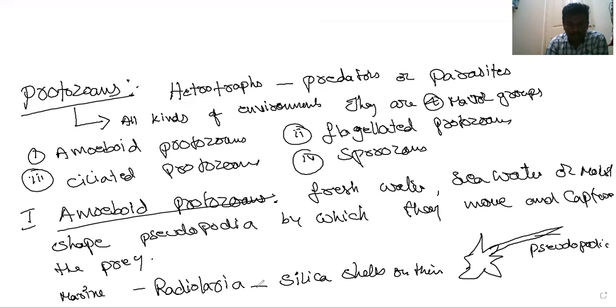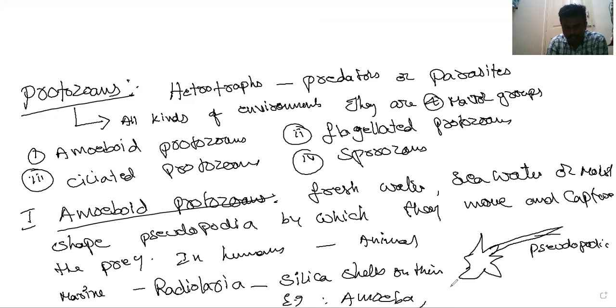Some amoeboid protozoans are parasites in humans and animals. Examples: freshwater amoeba, Entamoeba, radiolaria. These are all examples of amoeboid protozoans.